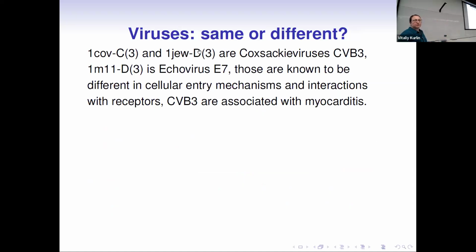So the first set of files are coming from a similar type of viruses, whilst the second file is coming from a different type of viruses. Okay, it's still viruses, but they are known for quite different mechanisms and quite different interactions with the enzymes, with proteins and with receptors, and different diseases or different disease outcomes as the result of that.